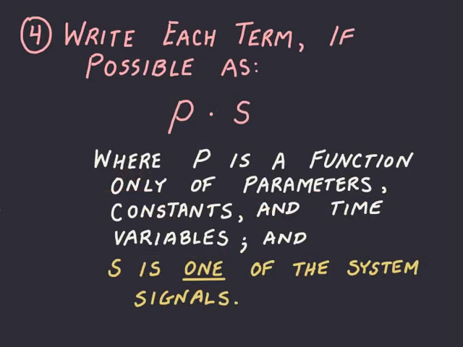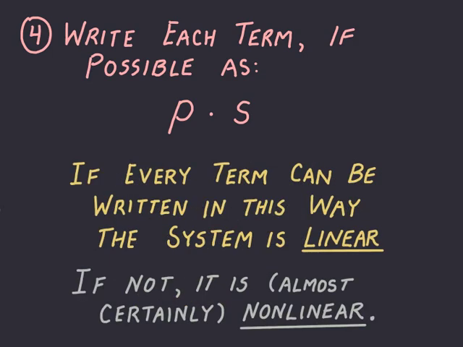In step 4, we are to write each term, if possible, as p times s, where p is a function only of parameters, constants, and time variables, and s is one of the system signals. If every term can be written in this way, as p times s, the system is linear.